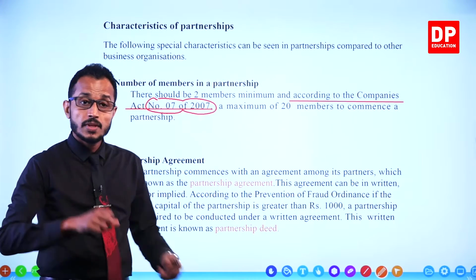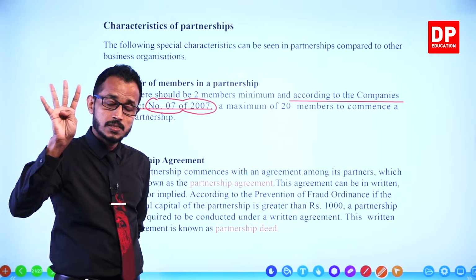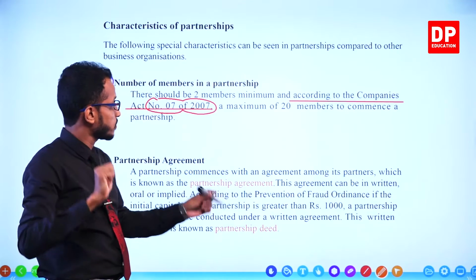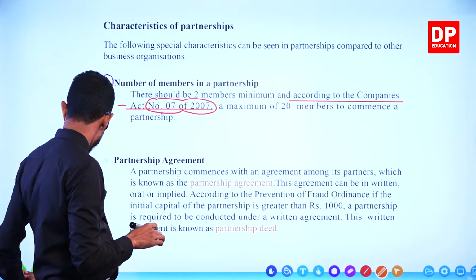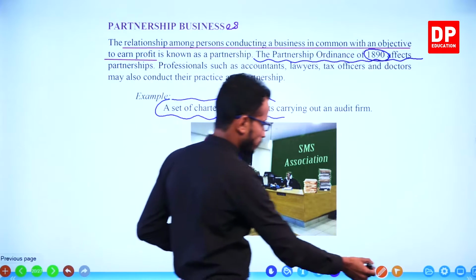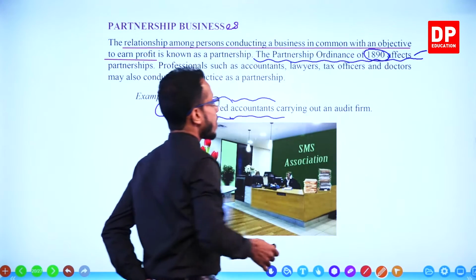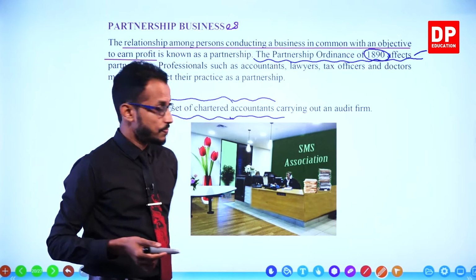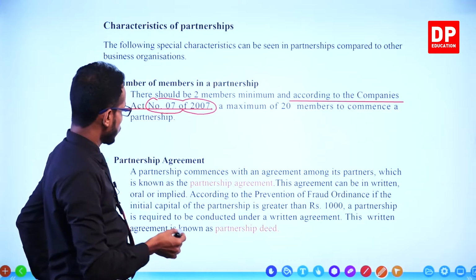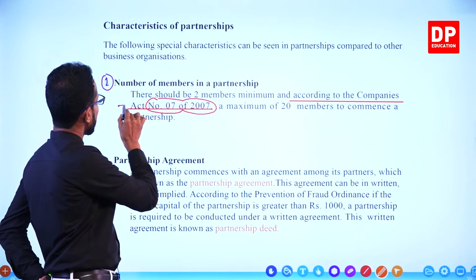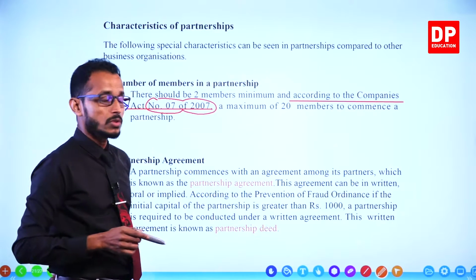And in the 4 answers, this was there, and this was also one answer: Partnership Ordinance 1890. And another answer was Companies Act number 7 of 2007.